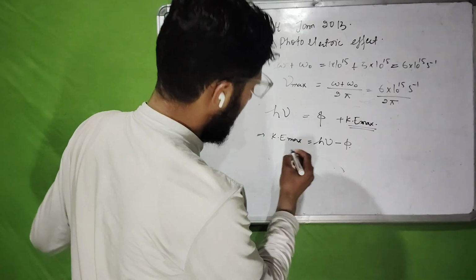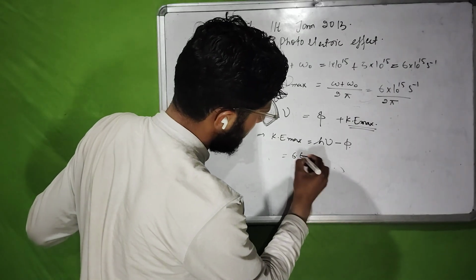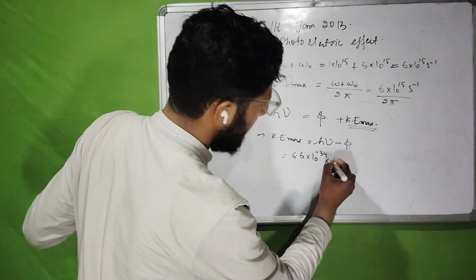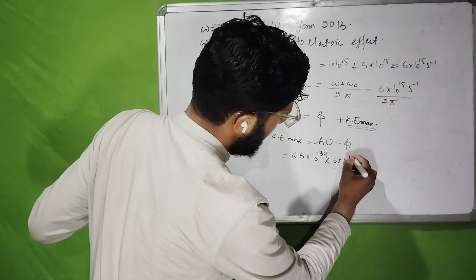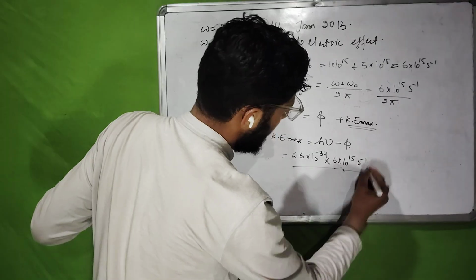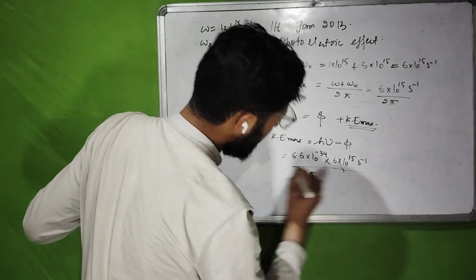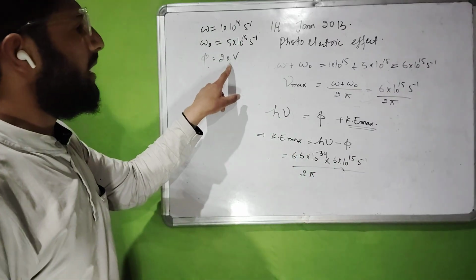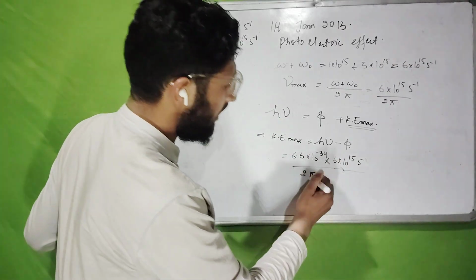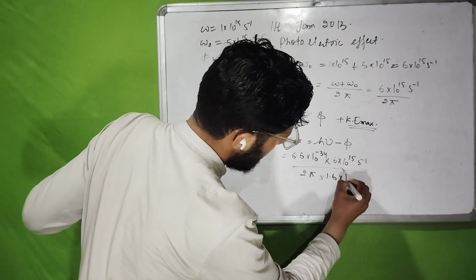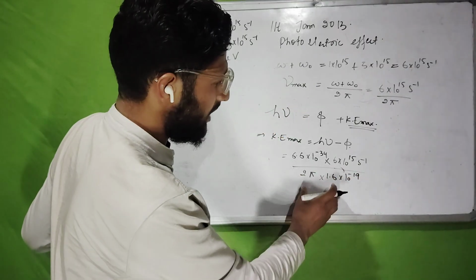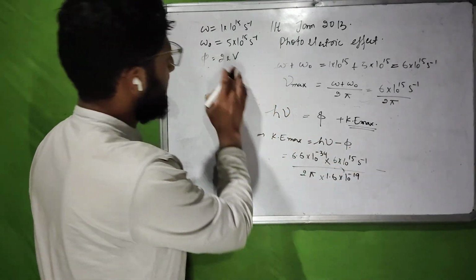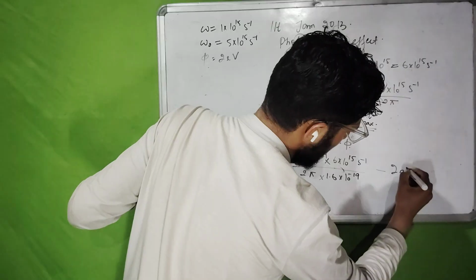What is our h nu now? h is Planck's constant, 6.6 into 10 to the power minus 34, into our nu, which is 6 into 10 to the power 15 per second divided by 2 pi. But this part is in joules. We have to convert this part into electron volt, so we will divide this part by 1.6 into 10 to the power minus 19. So it is converted into electron volts.